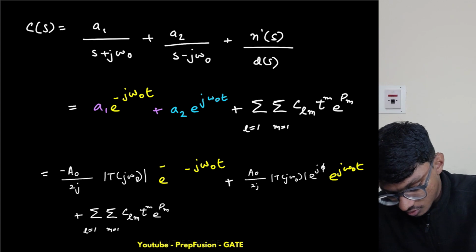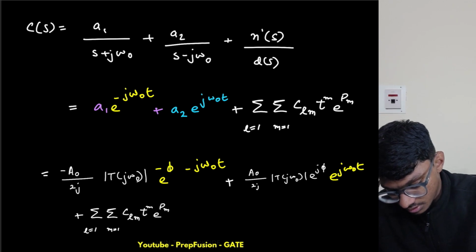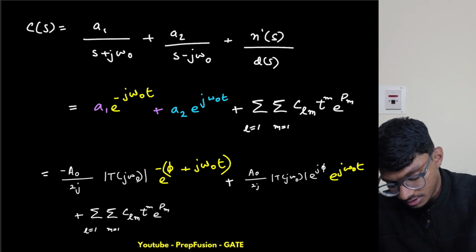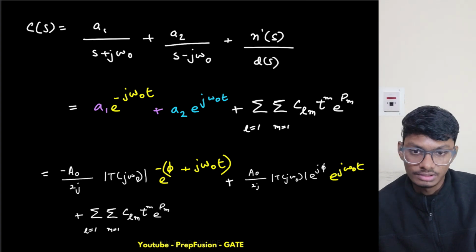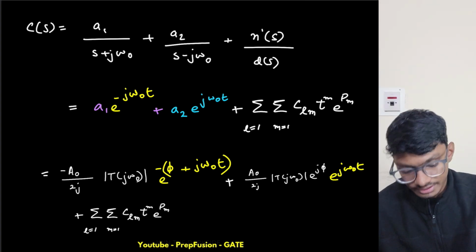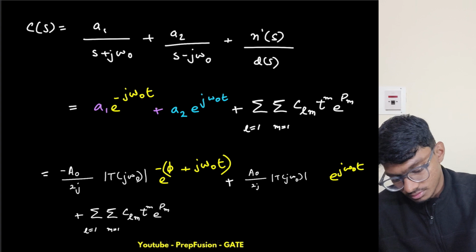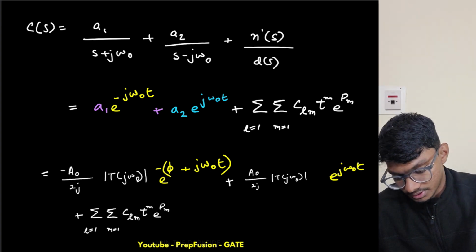if I take the minus common, phi plus j omega naught t, and here the exponentials are getting multiplied, so the powers will simply get added. This is like class 10 maths.